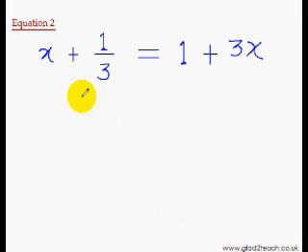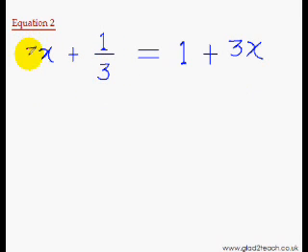Now as you can see, this linear equation has a fraction in it, that is this denominator 3. So the easiest way to solve this equation would be to somehow remove this denominator. And we can easily do it by multiplying both sides of the equation by 3.